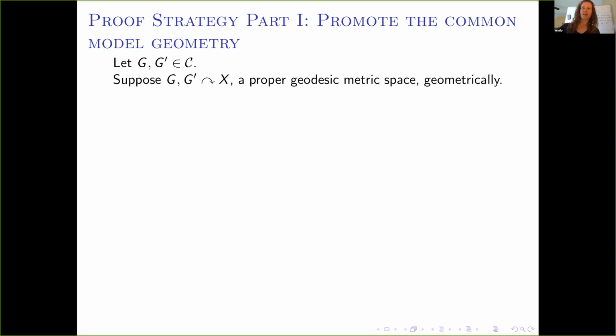model geometry. So the setup is, you have 2 groups, G and G prime, that are free products of closed hyperbolic manifold groups, and assume that they act geometrically on some proper geodesic metric space X. And so our goal is to show that the groups G and G prime are abstractly commensurable.